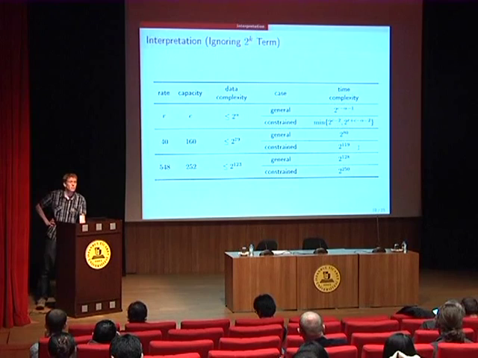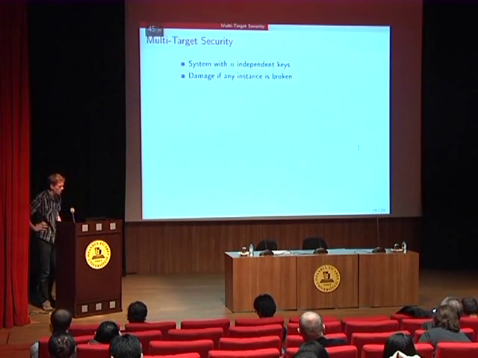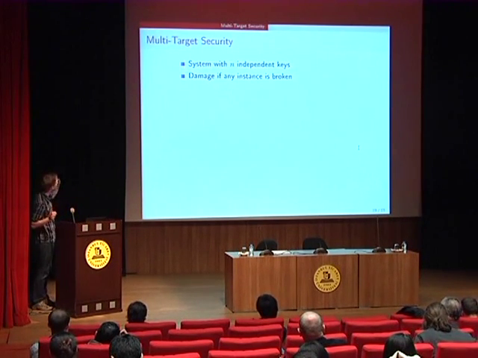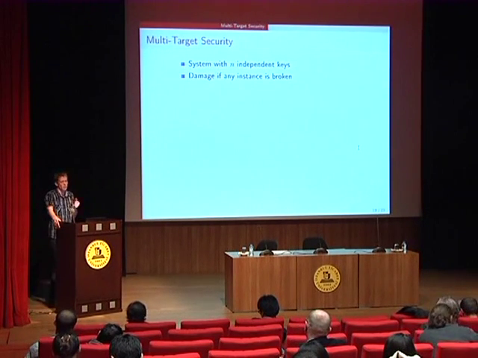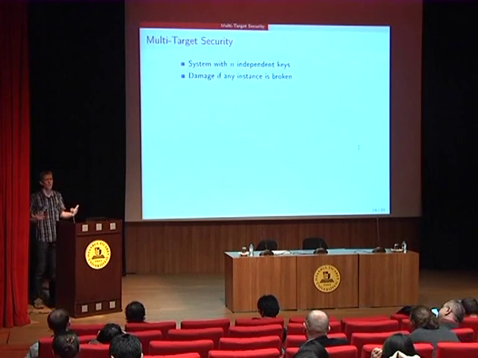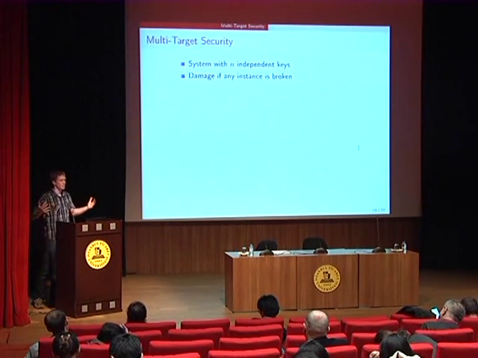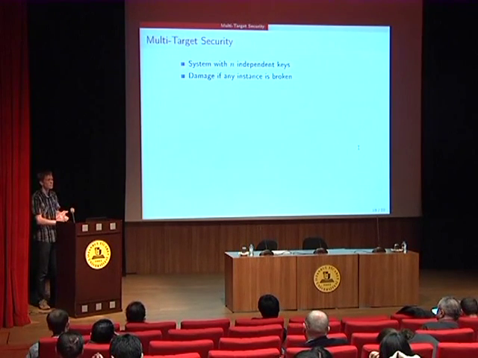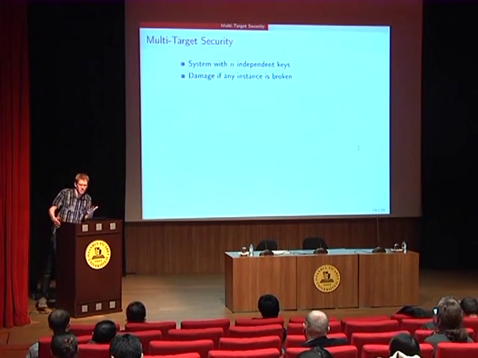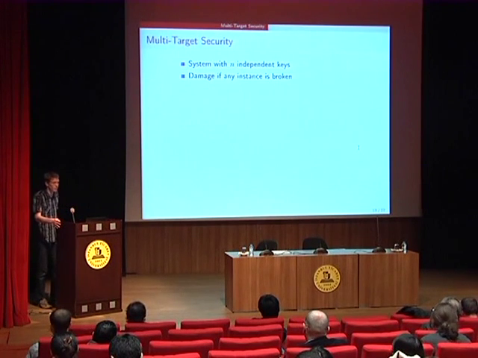So this was about the single-target setting. In the work, we also consider the multi-target setting. And in the multi-target setting, we essentially consider the case where an attacker tries to attack multiple instantiations of the keyed sponge. This is, for instance, interesting when many different users use the scheme with many keys. And it's particularly interesting to analyze because it may be the case that the scheme completely breaks down if one of the instances gets broken.